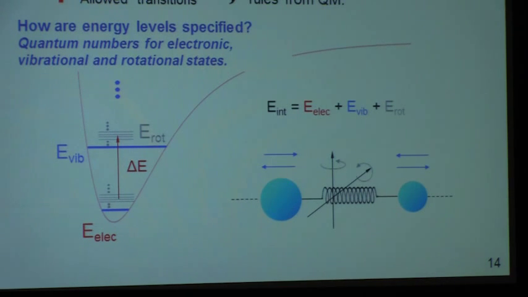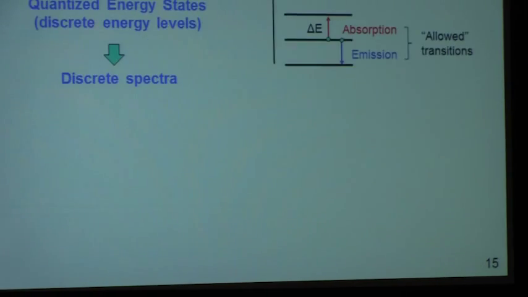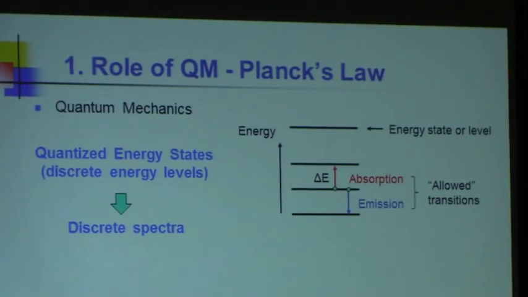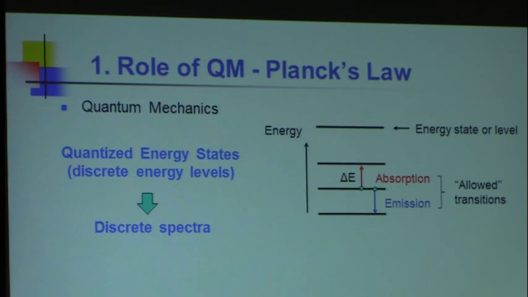We take our mechanical model, a massless spring, and imagine it vibrating, rotating, and translating through space, but we don't care about translation. That's our model. If we take that model and add just a couple of rules from quantum mechanics, we can calculate the positions of the lines that we're interested in.